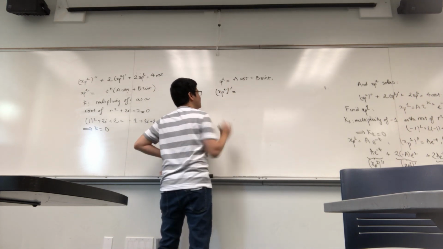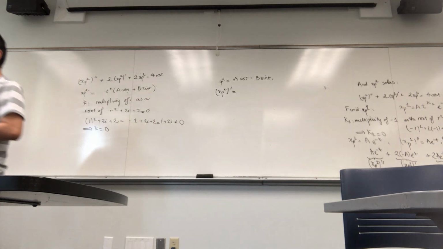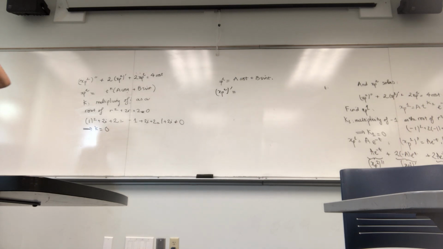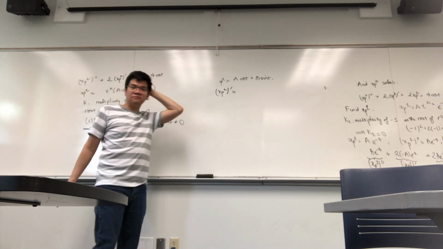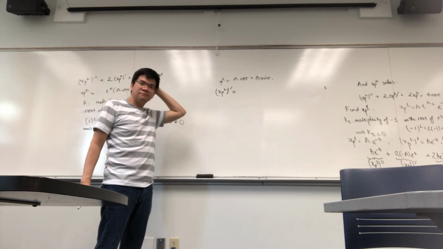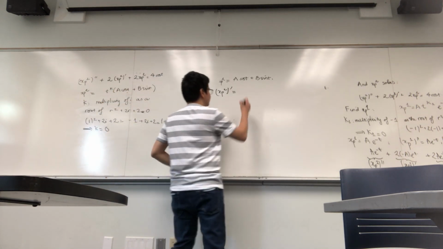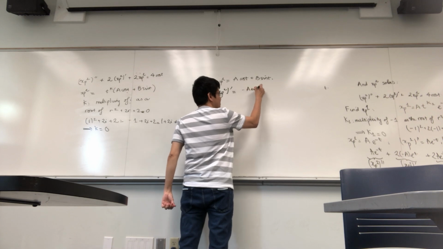Right, so xp2 prime, what's the value of xp2 prime? The first derivative is negative a sine t plus b cosine t.